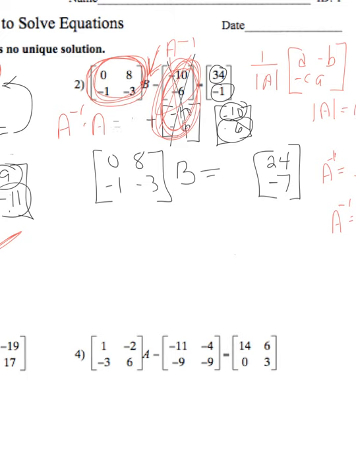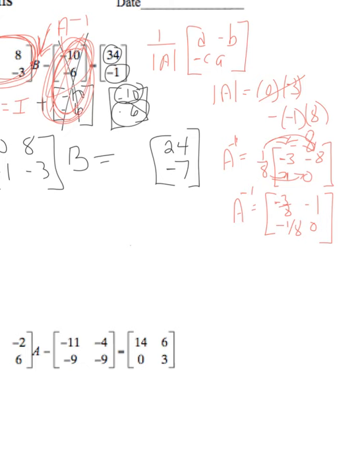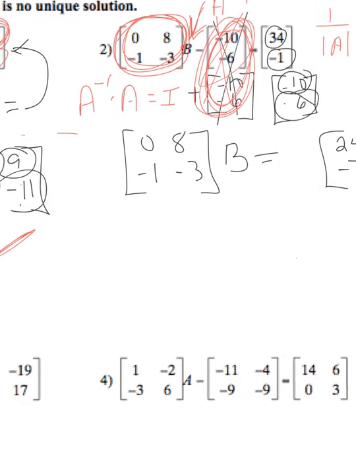That's going to end up being the identity matrix. But it is going to matter over here, so we want to put it in the front. Okay, so I'm going to go ahead and, I got to remember what it is. Negative 1, negative 3/8, negative 1, negative 1/8. So over here, I'm going to multiply by negative 3/8, negative 1, negative 1/8, and 0. Let me make sure that's what it was.